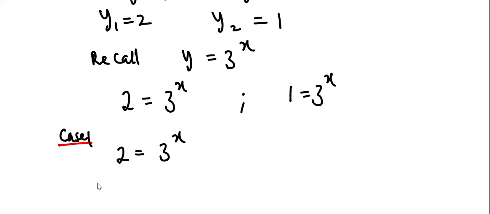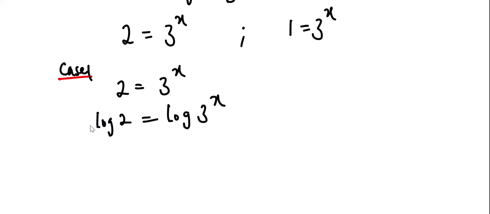To get the value of x, we can apply log to both sides. So I have log 2 equals, moving the power down, x log 3.